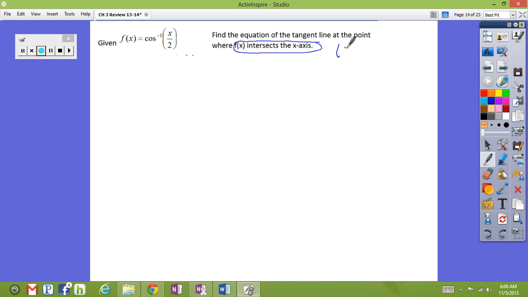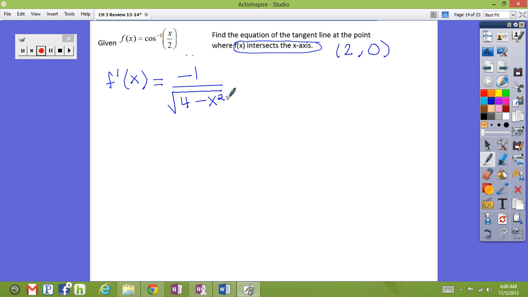X is equal to 2. How about 0? So, we already found the derivative, which was negative 1 over 2 square root of 4 minus x squared.